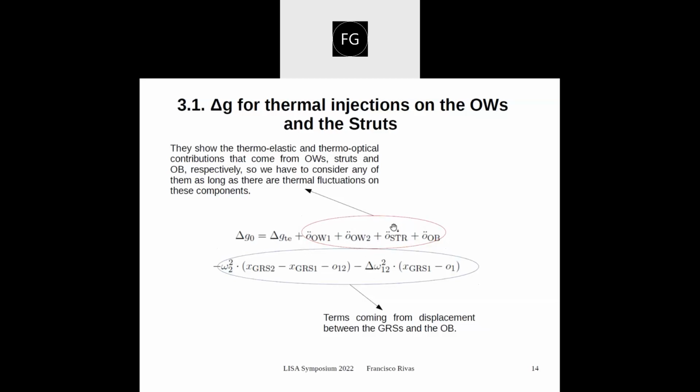This one for the strut disturbances, thermo-elastic effect, and this other one, the optical window, that is related to this first one, because when we produce an elongation of the strut, we produce a movement in this component, in the optical window where we have the laser.